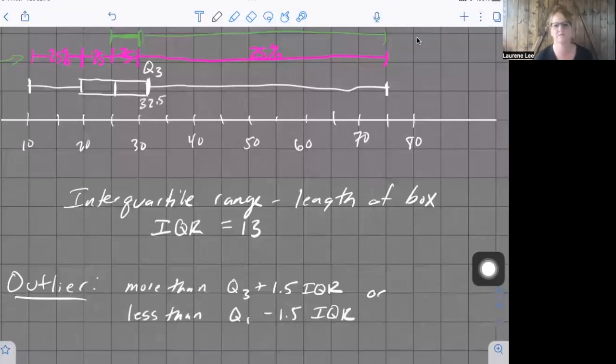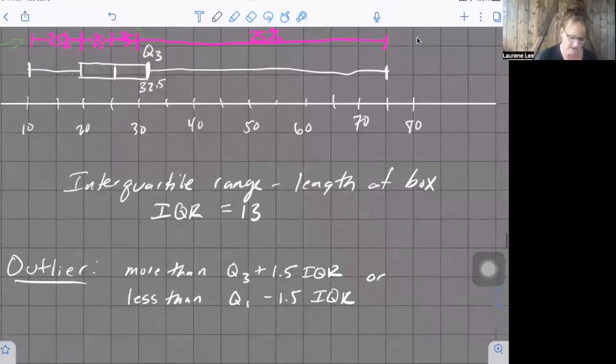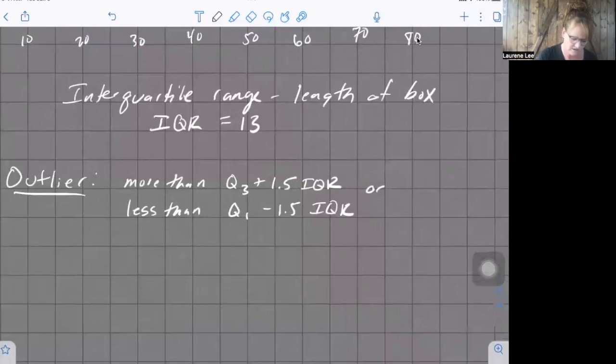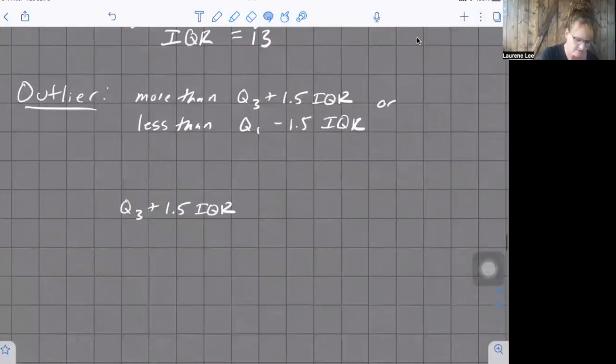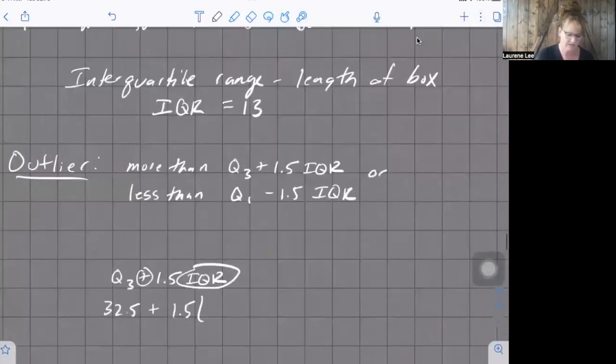We'll just put that there for reference. Let's copy this and paste it over here. So I'm working on this formula. So quartile 3 is 32.5. Then I'm going to say plus 1.5 times the interquartile range. And that's the length of the box. And we calculated that just a minute ago.